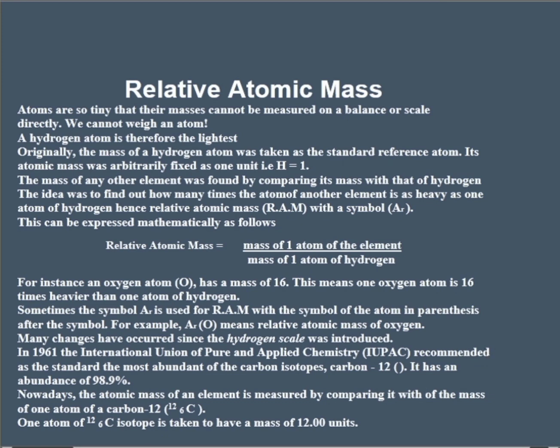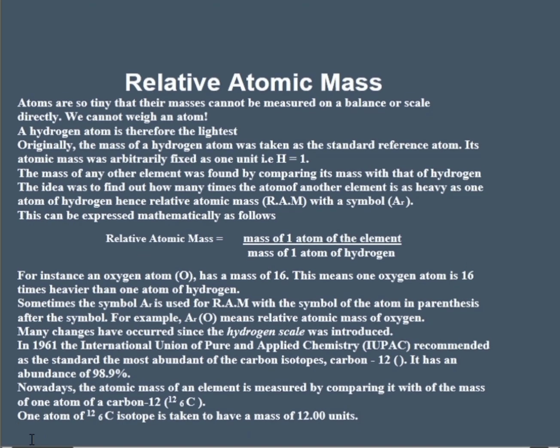One atom of the carbon 12 isotope is considered to have a mass of 12 units.